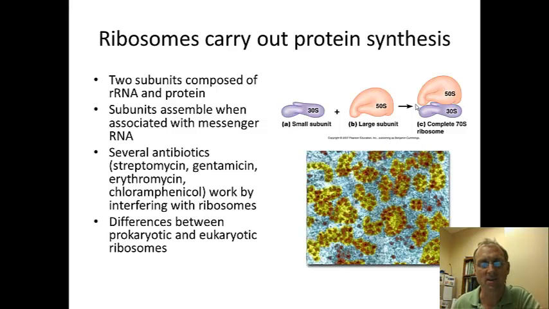But it turns out not to be the case, because although prokaryotic and eukaryotic ribosomes look very similar to one another and carry out much the same role in protein synthesis, there are actually some subtle differences between them. This means that the antibiotics that interfere with prokaryotic ribosomes don't tend to have a very big effect on eukaryotic ribosomes.